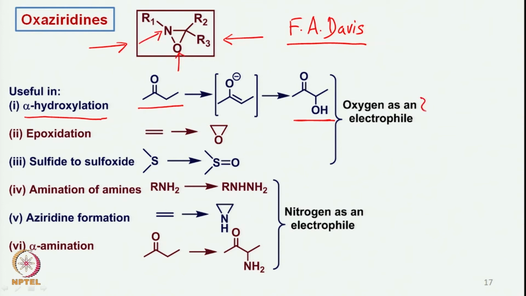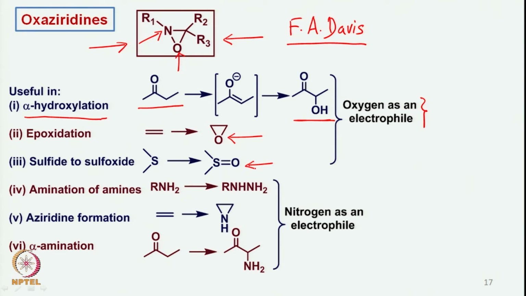So, these examples which are shown here illustrate that oxygen acts like an electrophile. So, alpha hydroxylation is one product. Olefin can react with the oxaziridine to form the corresponding epoxide. It can also oxidize a sulphide to sulfoxide by transfer of oxygen. So, these three examples are basically of oxygen transfer.